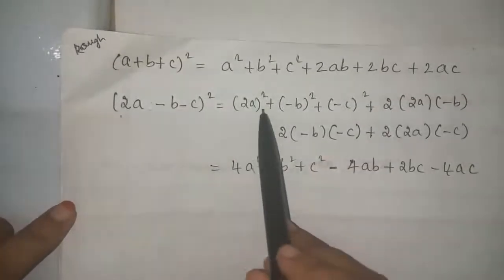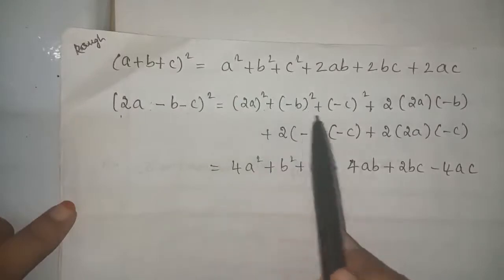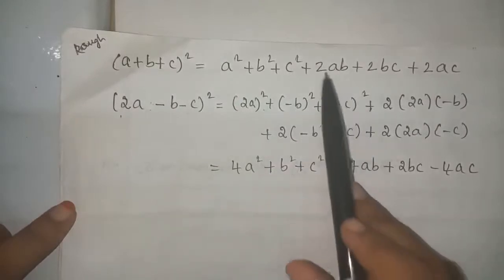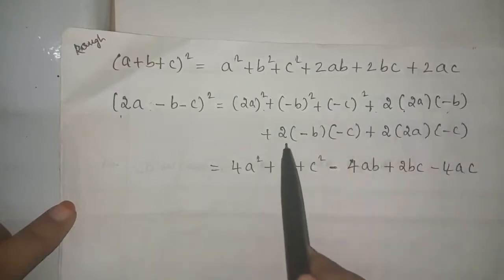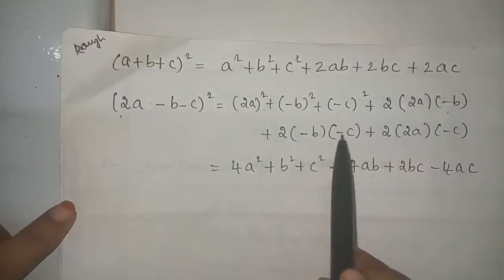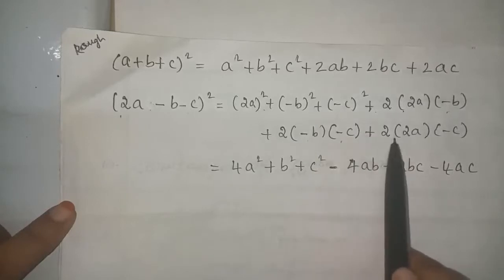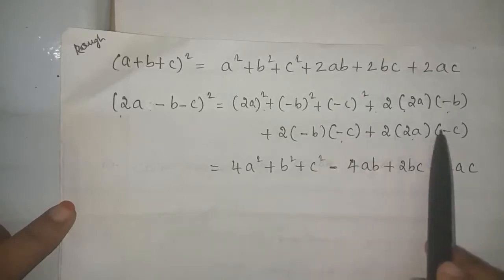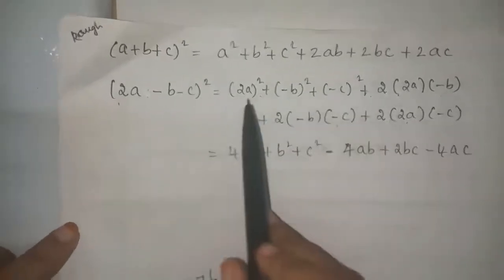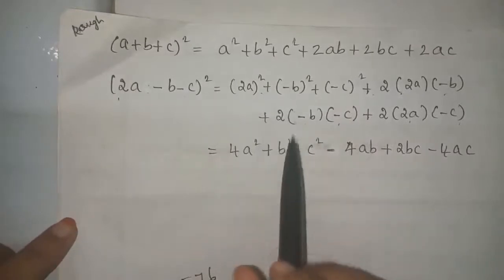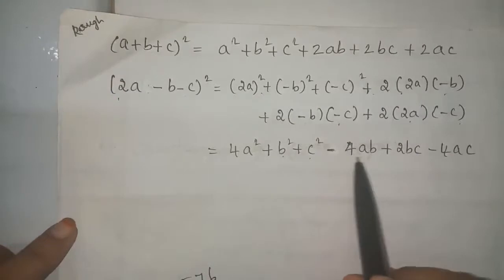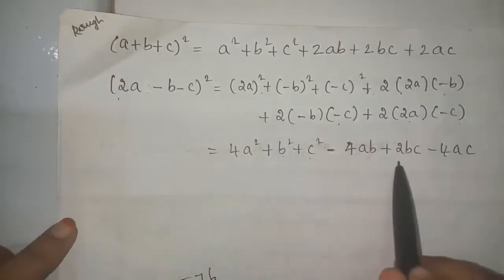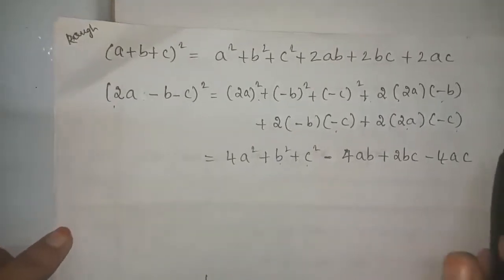So 2a the whole square plus minus b the whole square plus minus c the whole square plus 2 into a value 2a, b value minus b, plus 2 into b value minus b, c value minus c, plus 2 into a value 2a and c value minus c. You get the equation 4a square plus b square plus c square minus 4ab plus 2bc minus 4ac.